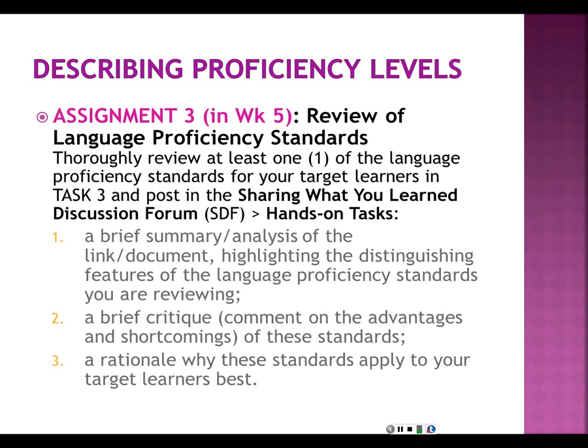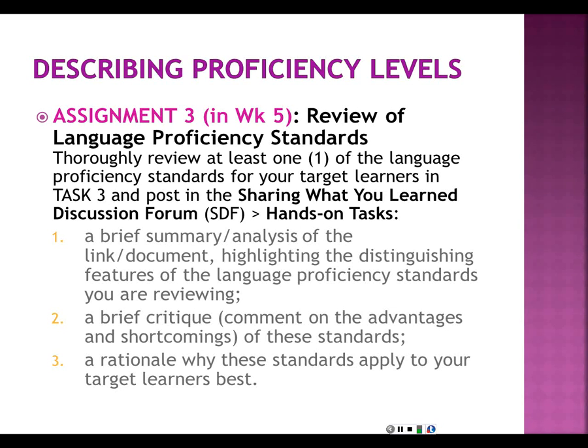Okay, so your assignment number 3 in week 5 is this. You need to select an appropriate proficiency standard for your population. Thoroughly review at least one of those proficiency standards and post in the Sharing What You Learned forum in the hands-on task a brief summary or analysis of the document, which is linked, highlighting the distinguishing features of the language proficiency standards you are reviewing for your particular learner.